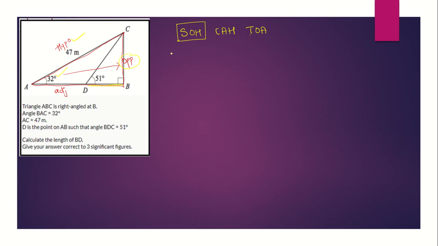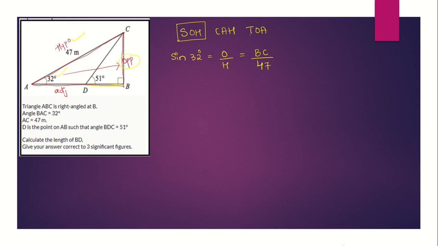So therefore we'll find out sine of the angle given, that is sine of 32 degree, which is equal to opposite by hypotenuse. So what is opposite here? Opposite value is not given, so that is BC. We'll write it as it is, and we are going to find it now. What is the hypotenuse? Hypotenuse is 47. So we have sine of 32. What is sine of 32?